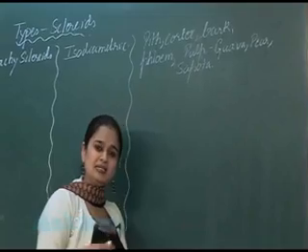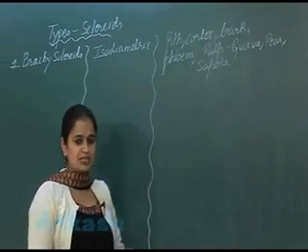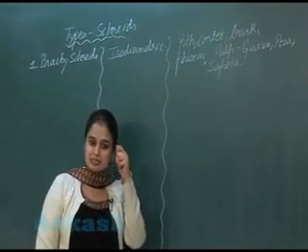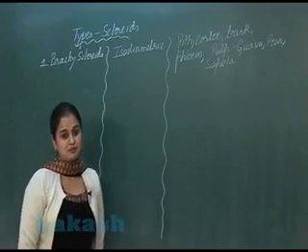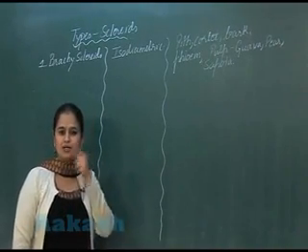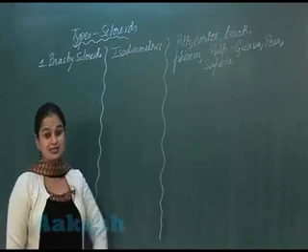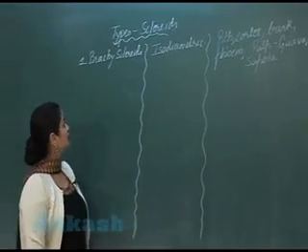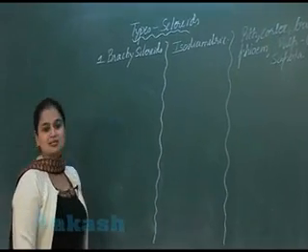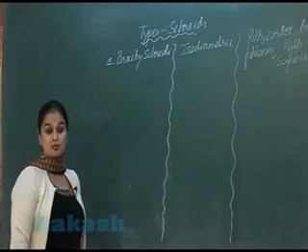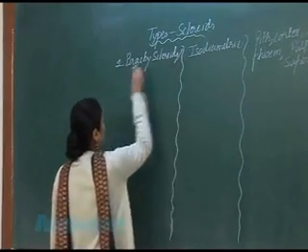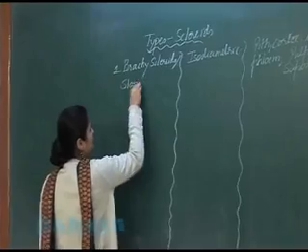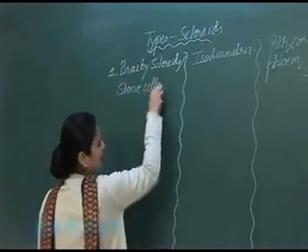While eating these three fruits, you feel some grittiness in the mouth. The grittiness is there due to the presence of brachysclereids. They are responsible for grittiness. That's why brachysclereids are also known as stone cells.